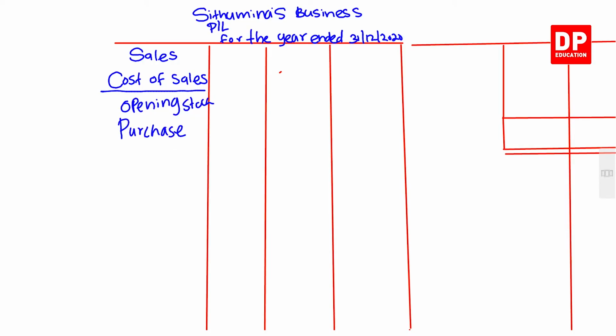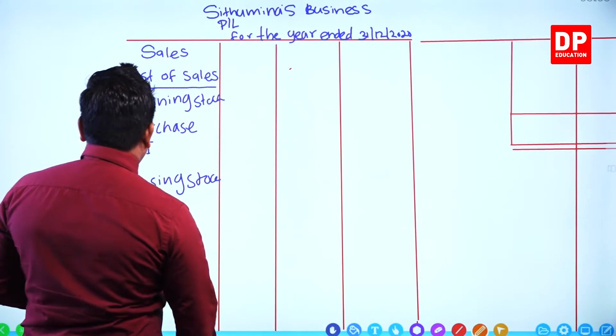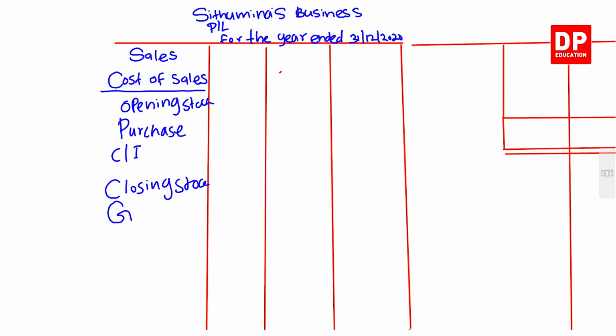Purchase. Then purchase related expenses, it is only carriage inwards. After that, adding this all, we write closing stock. Then you can see the cost of sales. Repeat it because on the top we have written cost of sales. Then finally gross profit.